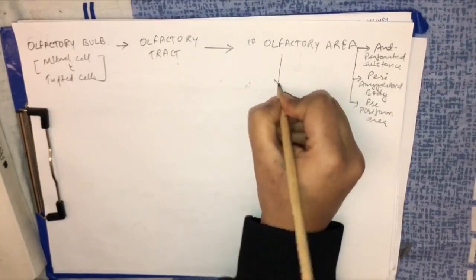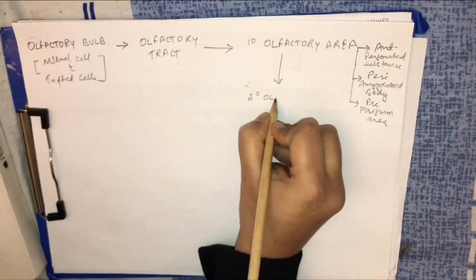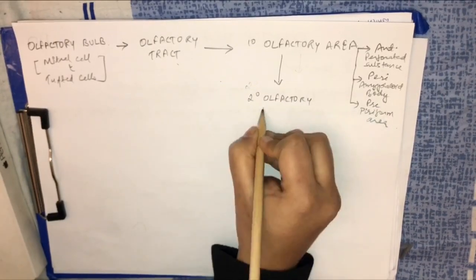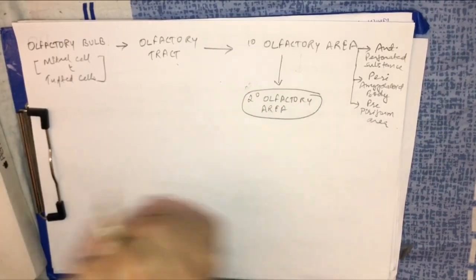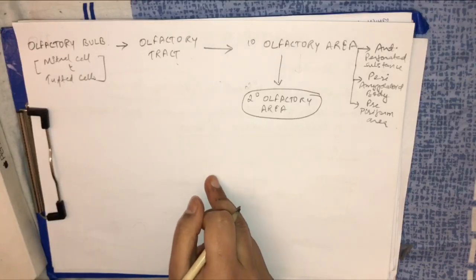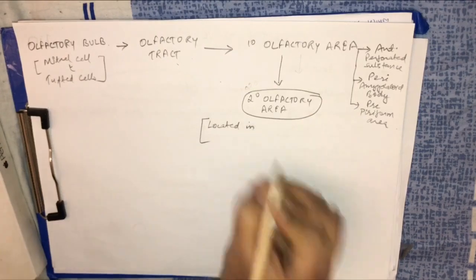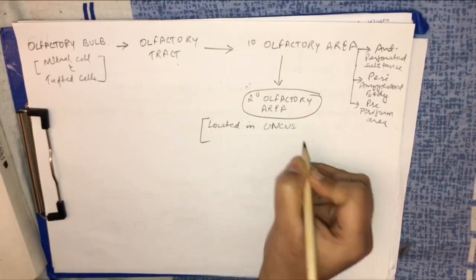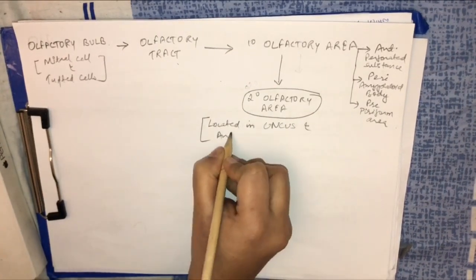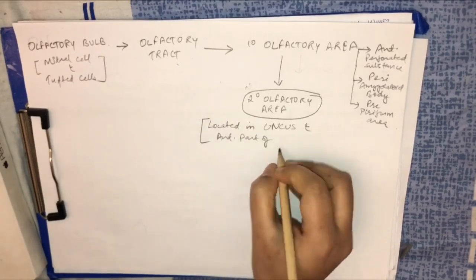Fibers arising in the primary olfactory cortex now go to the secondary olfactory cortex, which is also known as the entorhinal area. This secondary olfactory cortex is located in the uncus and the anterior part of the parahippocampal gyrus.